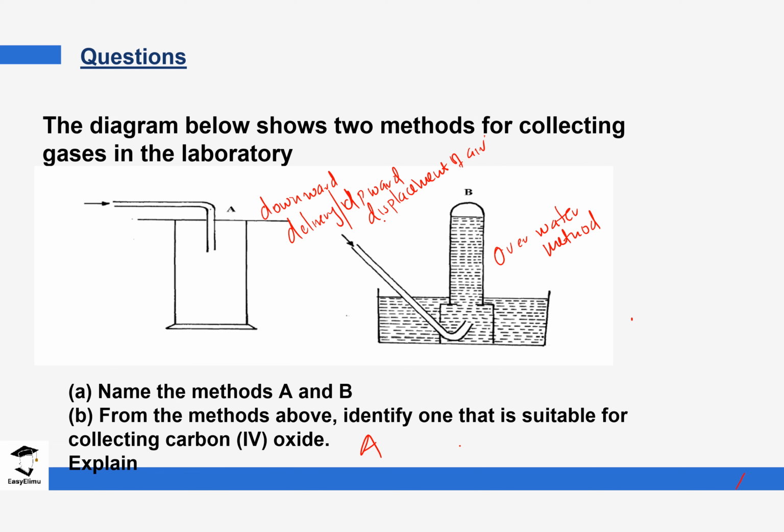Method B would not be the best. It can be used, but it's not suitable because carbon dioxide dissolves in water slightly, so we do not want to lose the amount of gas we are collecting. The most suitable would be A, where it's not reacting with any other component.